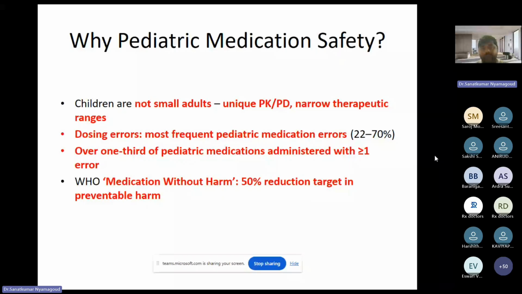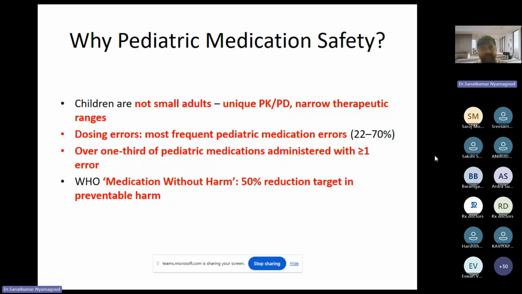So why is medication safety important? We know that drugs are not safe. Especially our allopathic drugs are chemicals, and those chemicals are toxic in nature. Today or tomorrow they cause some serious adverse reactions, or it might be a serious adverse event. Keeping that in mind, adults are treated, but what about pediatrics?